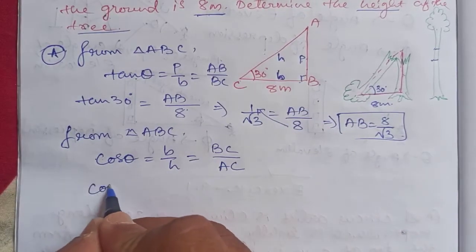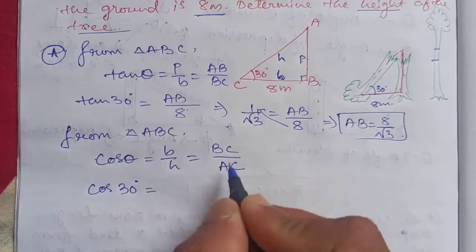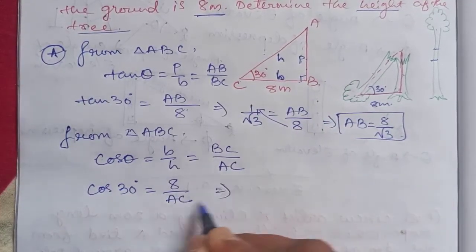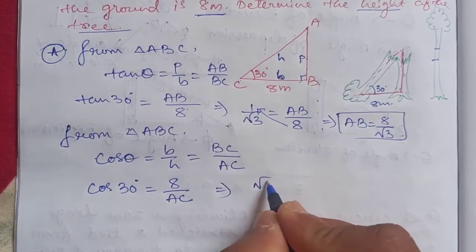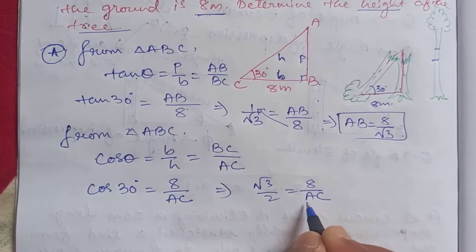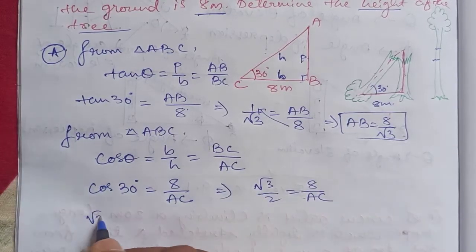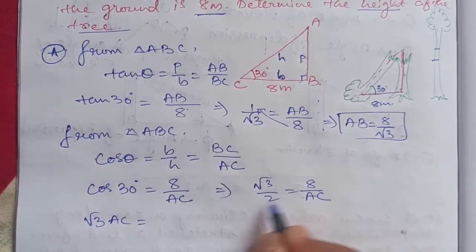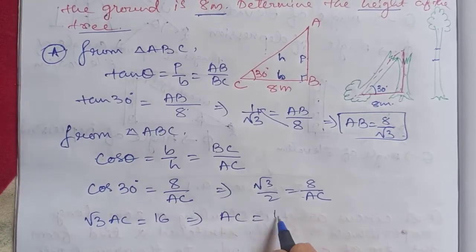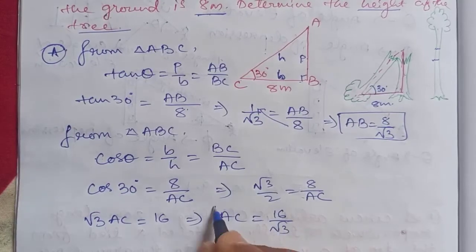Cos 30 degrees equals BC is 8, AC we don't know. Cos 30 is root 3 by 2 equals 8 by AC. Cross multiply, we get root 3 AC equals 2 into 8, which is 16. Divide by root 3 here, so AC is 16 by root 3.